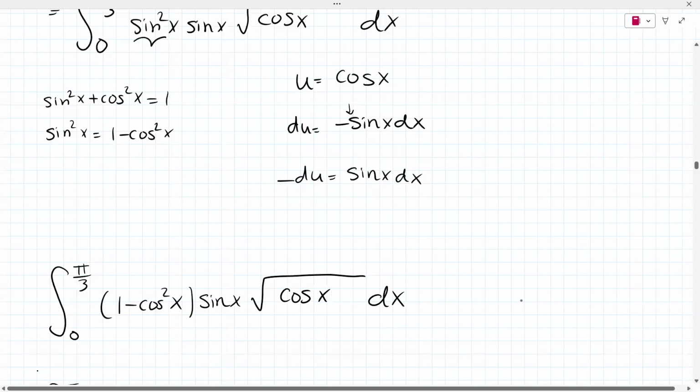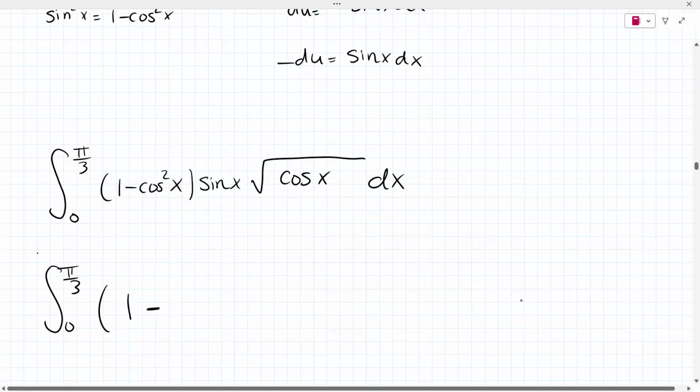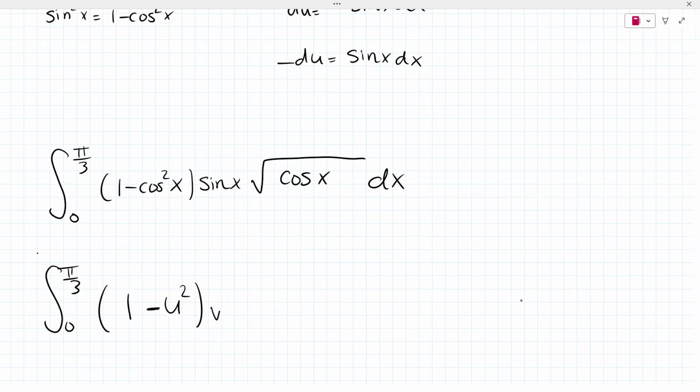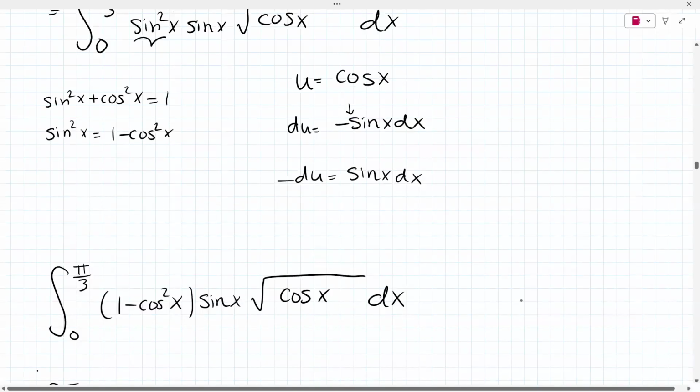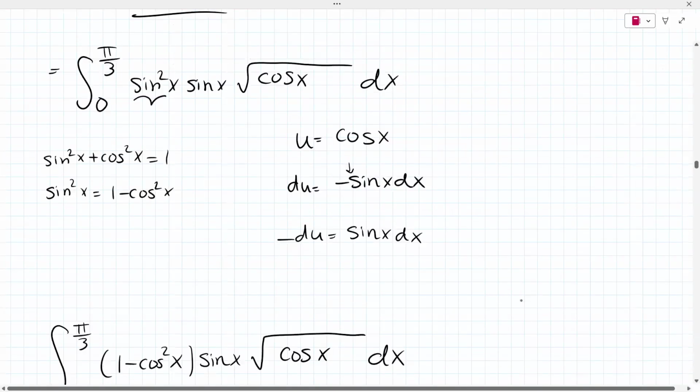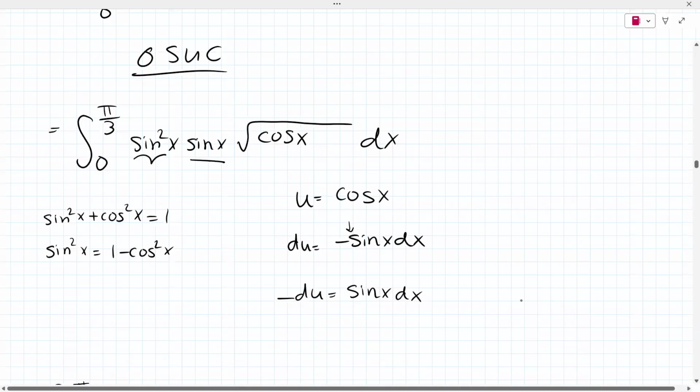And then you can replace your cosine squared x with u squared. And then you can replace this sine of x dx with negative du.